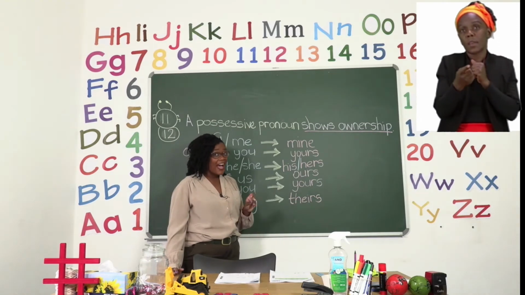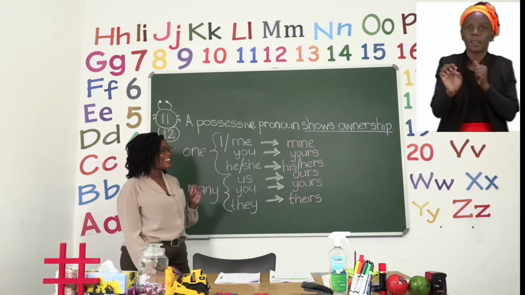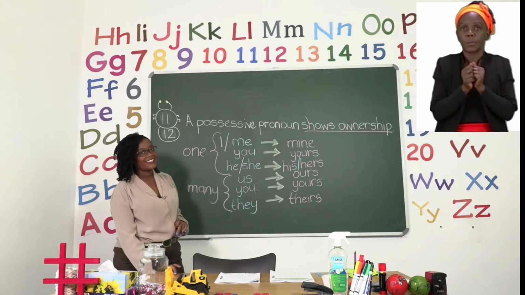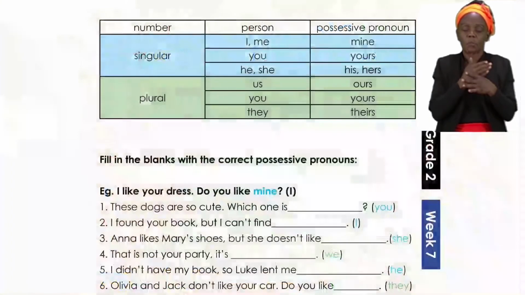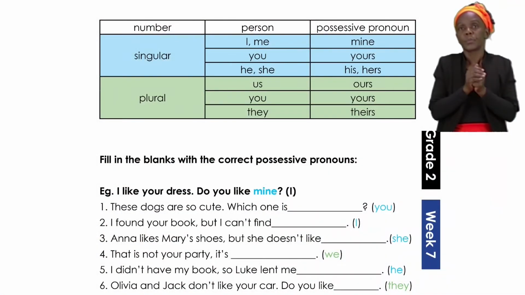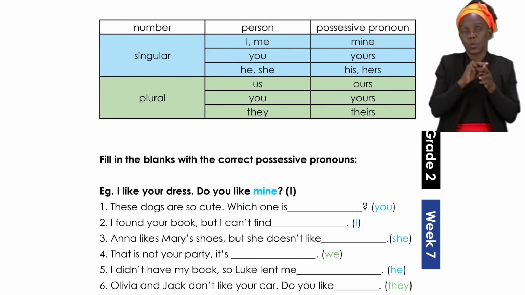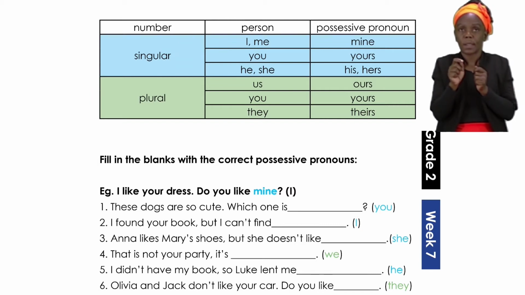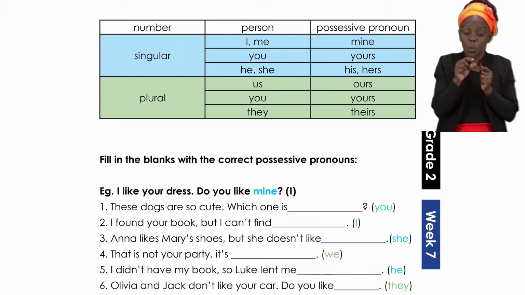So, now that we know all of this, let us try our exercise on page 11. On page 11, we are going to be using the same table to fill in the blanks to make it correct. There's an example there for you, and it says, let's read together, grade 2s.